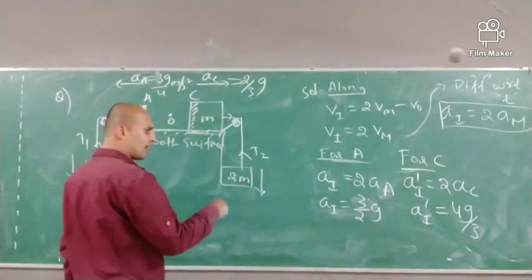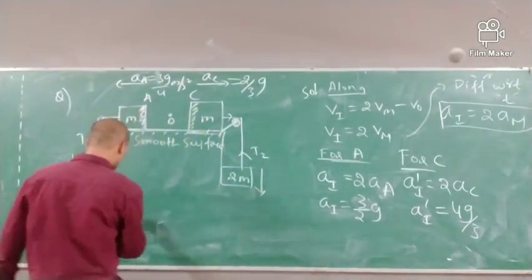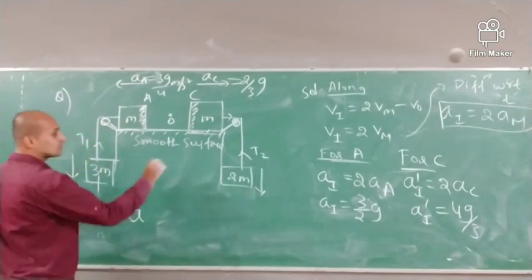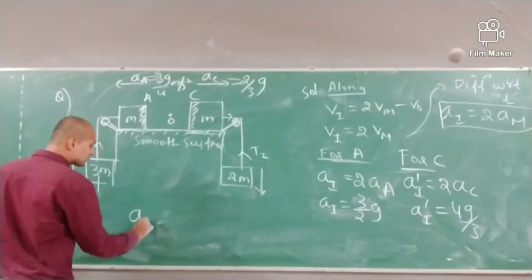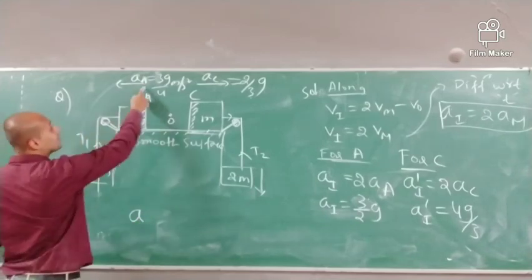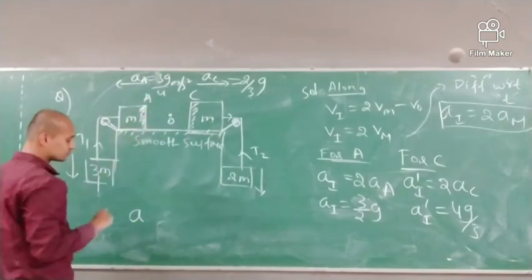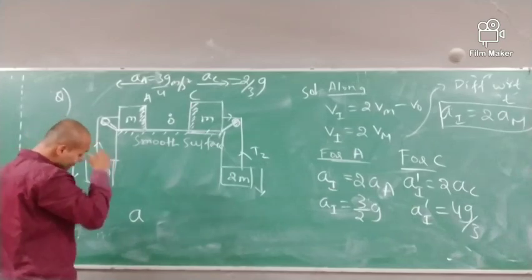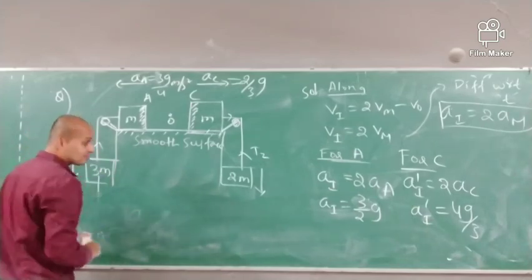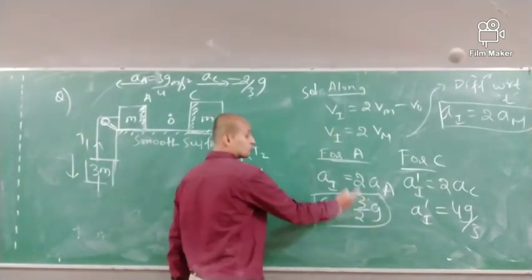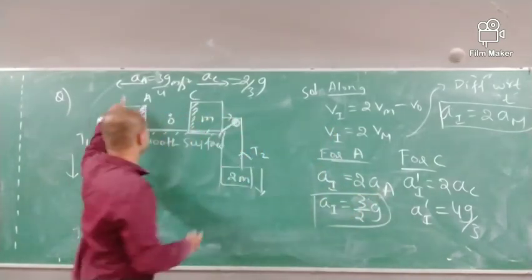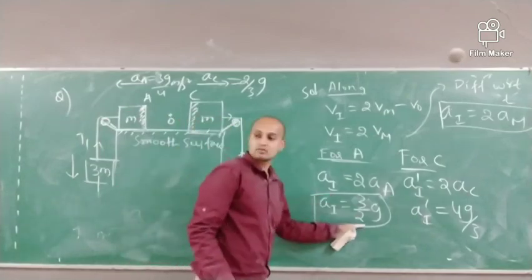So let us find acceleration of A with respect to C. Acceleration of image with respect to ground for A is 3 by 2G.